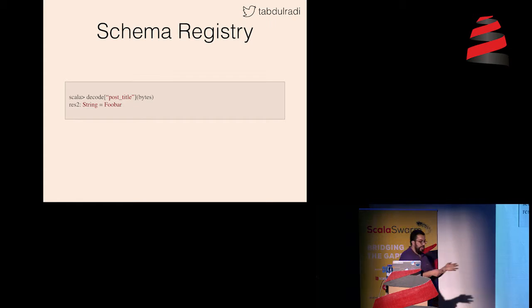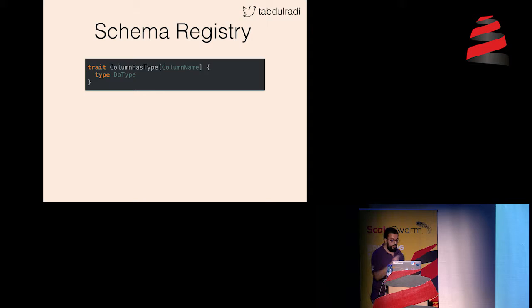So decode "post_title", I should be able to tell the compiler, figure out whatever type this column is. I don't know, just figure it out. Let's implement that. So again, we need a type class. This time our type class is very simple.